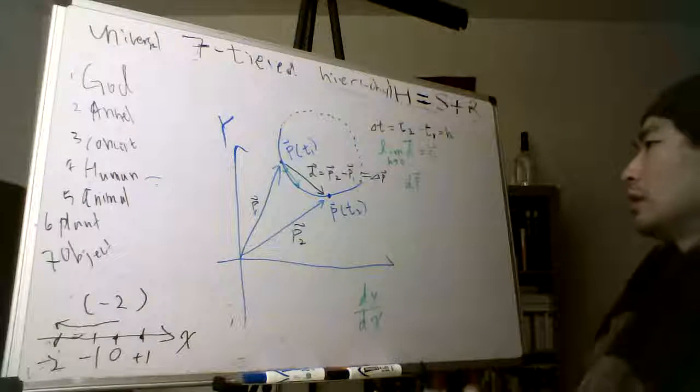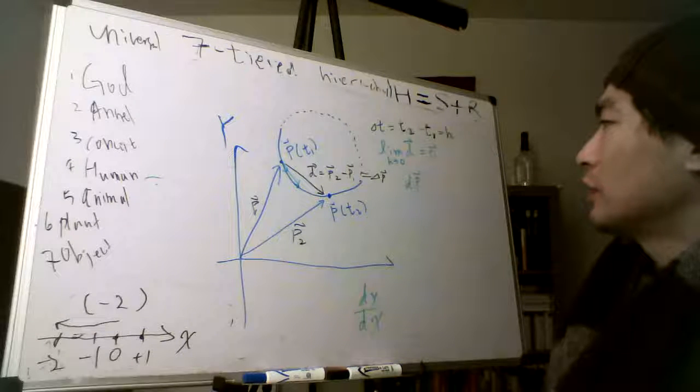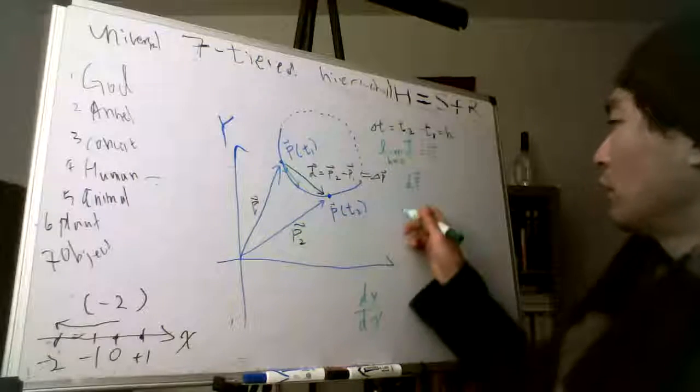So that's dp. So what is velocity at this point? It's dp over dt.